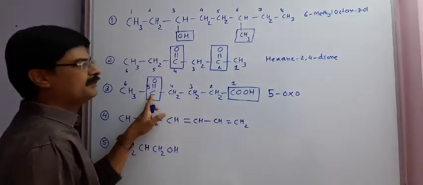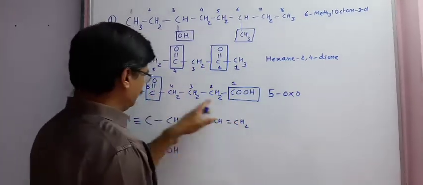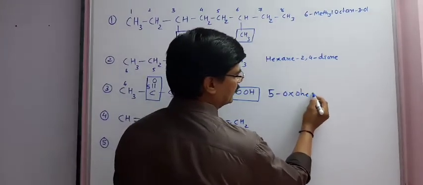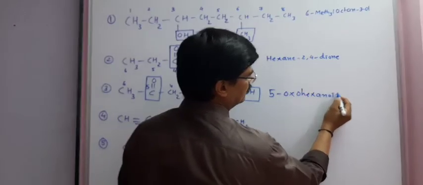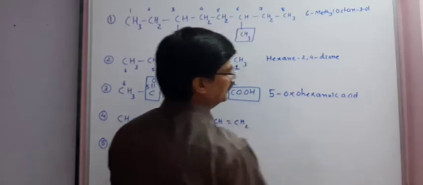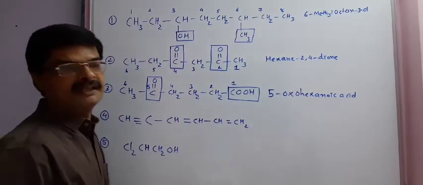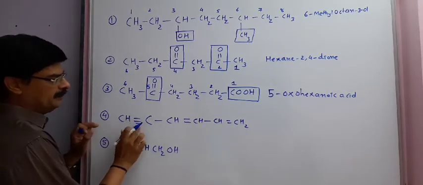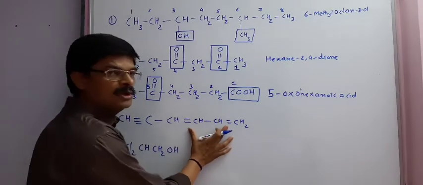So we will write 5-oxo, 6 carbon atoms with COOH group, that is why hexanoic acid. 5-oxo hexanoic acid. Now fourth number we have triple bond and double bond 2 times.